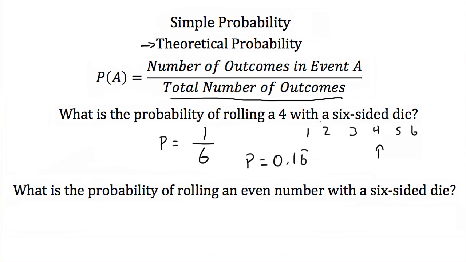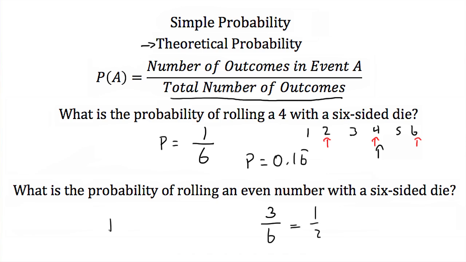What would be the probability of rolling an even number with a 6-sided die? Well, we know all 6 possible outcomes of rolling a 6-sided die, and the even numbers are 2, 4, and 6. So our probability would be the number of outcomes that are even, so there's 1, 2, 3 of them, over the total number of outcomes, well, there's 6 of those. So we have 3 over 6, or you can reduce that down to 1/2.